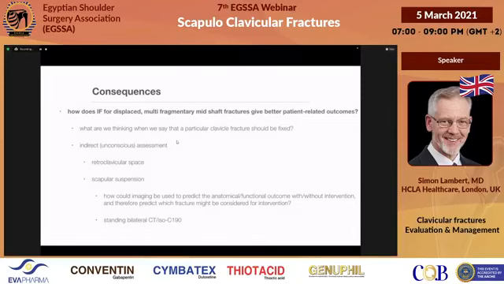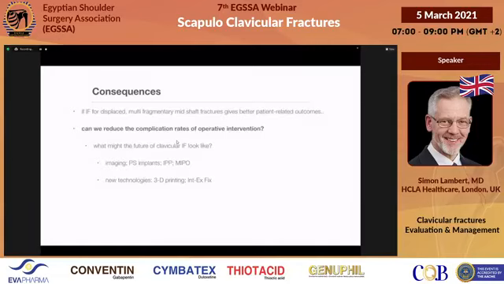And rather than rely upon classifications to tell us which particular clavicle fracture to fix, my sense is that we should be looking at the anatomy and pathoanatomy of these difficult to assess spaces and the concept of scapular suspension, for which CT scans are probably the best option.